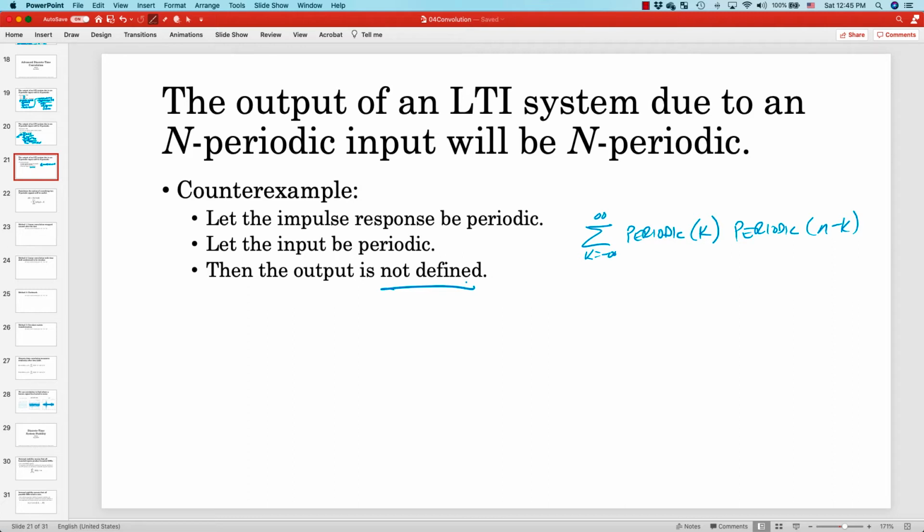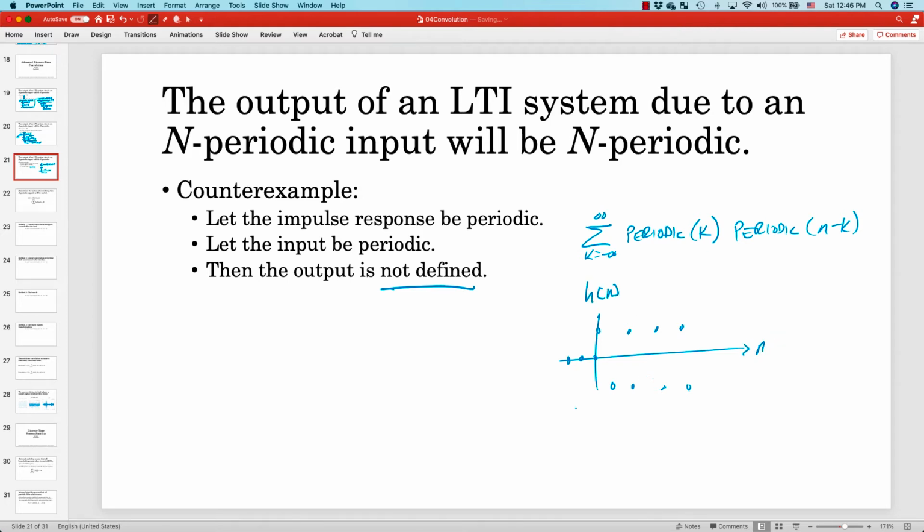And if you're a causal signal, then you can't be periodic because you are not active for times less than 0. So even if your system is causal and, say, marginally stable, so your impulse response oscillates, so impulse response looks something like this, then you can take the DTFT of this, and you can use our method from the last slide to analyze what the output of this system will be due to a periodic input.